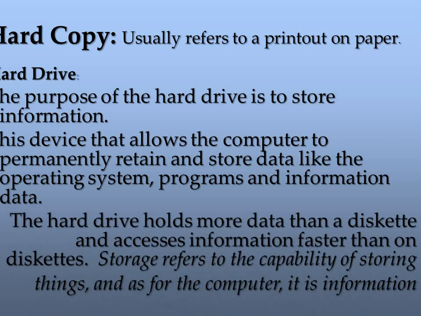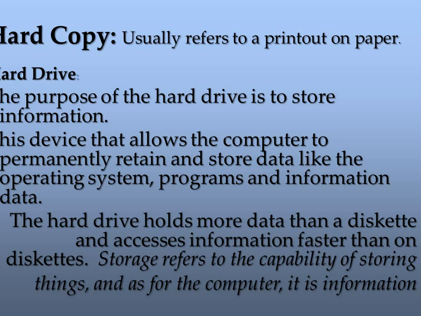So when we continue, the hard drive holds more data than a diskette and retrieves information at a very fast rate compared to diskettes. Briefly, storage refers to the capacity of storing things. So servers can store very huge or bulky sums of data compared to a hard disk.